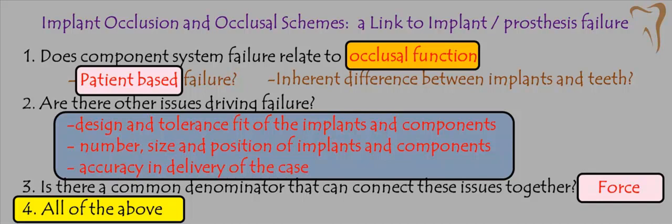Occlusal design here, I changed one word craftily and I put occlusal function, because occlusal function, how this delivers the force on our restorations, matters. And then the three things down below are all about the mechanics of a system that we put on. So there's the equation. If it was a multiple choice question, I have to put number 4 in here, and it's all of the above. In reality, if we forget any of these, it can be a problem.